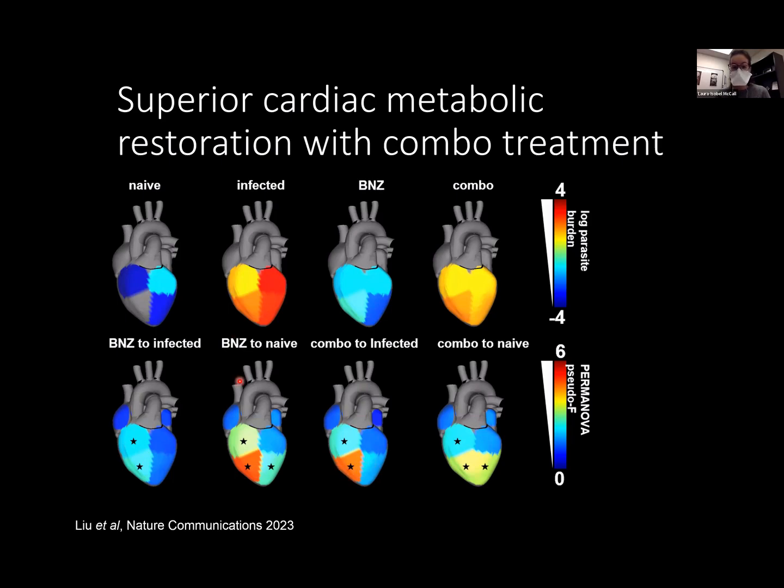And then with benznidazole alone, we had a large difference between the benznidazole treated mice and the naive animals, whereas we have a smaller difference here. So if we go back to our cartoon where benznidazole is over here, our combination treated mice have better metabolic restoration. And so this indicates, firstly, that modulating the immune response is a good strategy to help address this limitation of benznidazole, but also that immunity itself is one of the major drivers of these metabolic changes that we see in tissue metabolism.